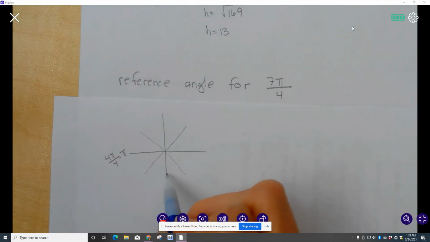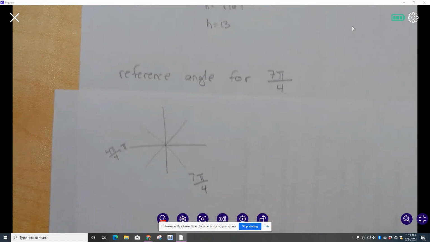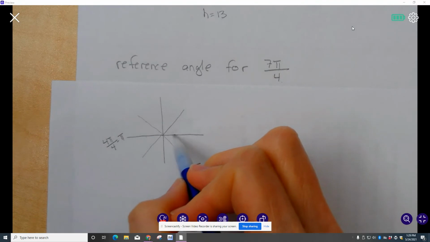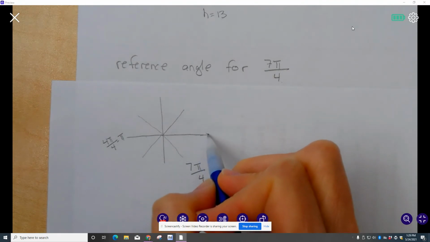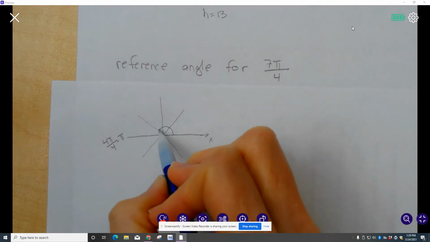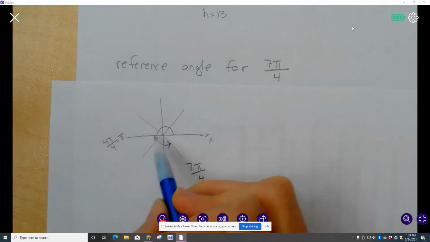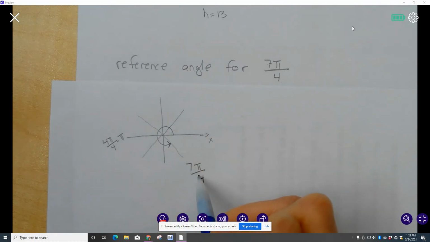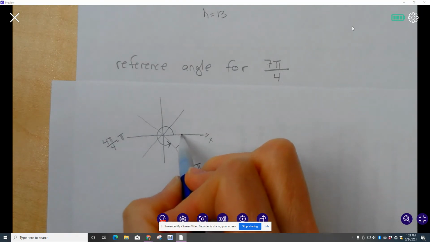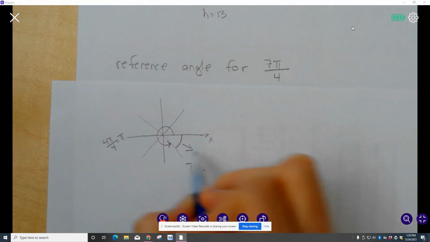Then 5 pi over 4, 6 pi over 4, and here's 7 pi over 4. This angle starts at 0 here and goes all the way around like that. So that's the angle 7 pi over 4. They want to know the reference angle. The reference angle is that angle right there.